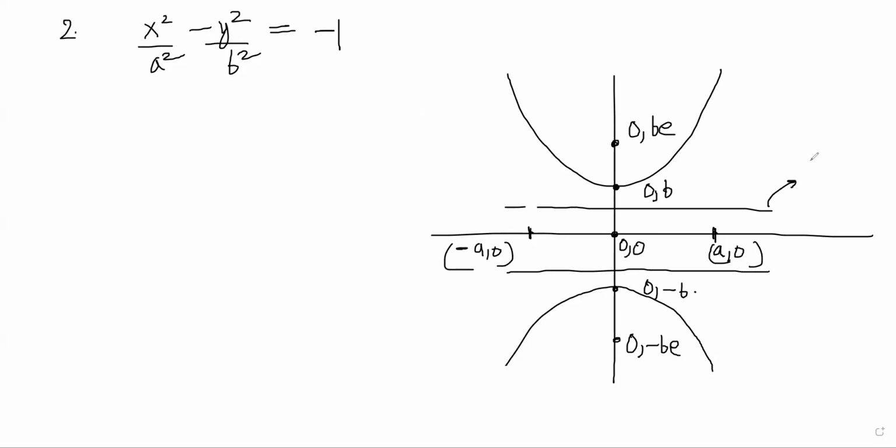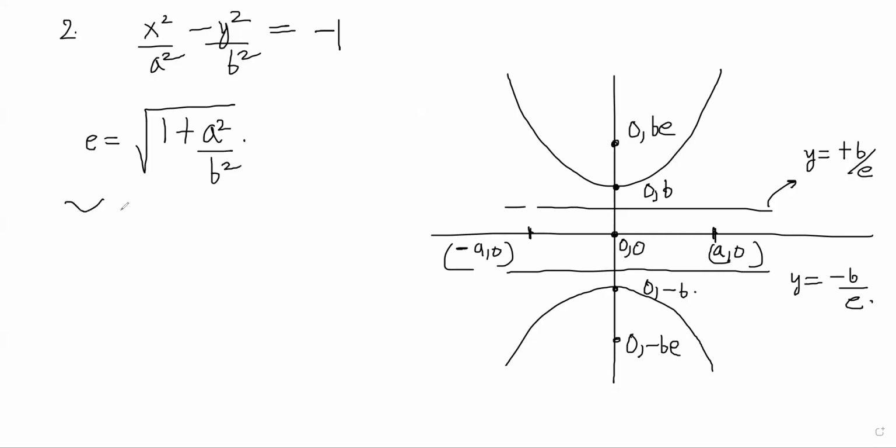The equations of the directrices are y is equal to plus b by e, y is equal to minus b by e. And the eccentricity e is root over 1 plus a square by b square in this case. Always you have to put the semi-conjugate axis square first, divided by the semi-transverse axis square, right?